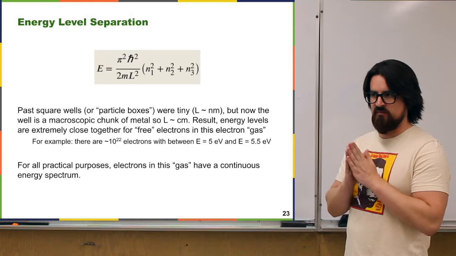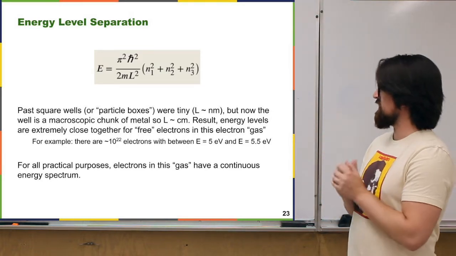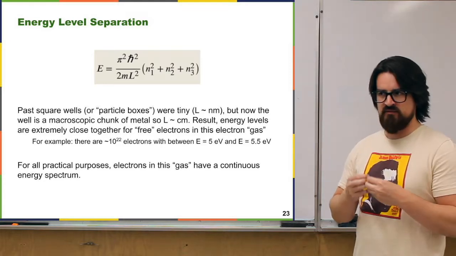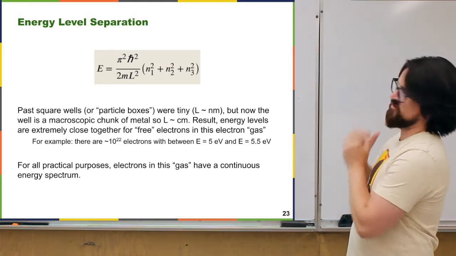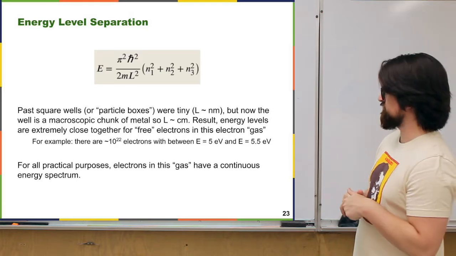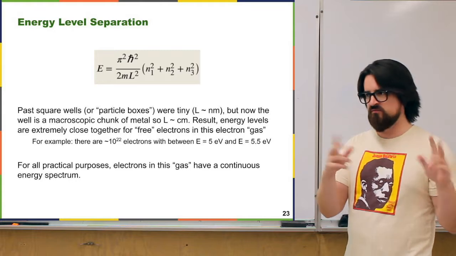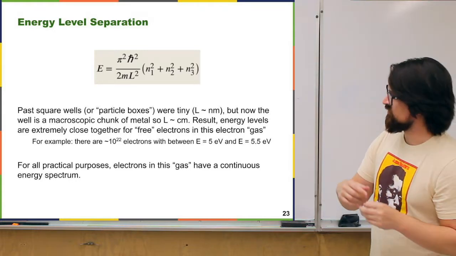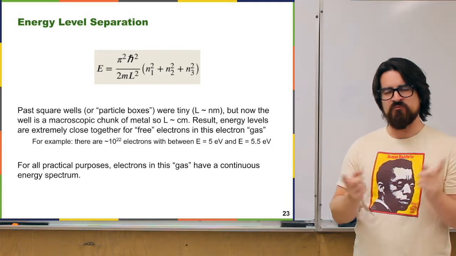So the way that we thought about the energy of these free electrons in this electron gas was applying Schrodinger's equation with a three-dimensional square well. Right? So we got this as the energy states for each of them. But if you think back to when we did the particle in a box, or the square well, whatever you want to call it, before, the width or the length of that well was very small.